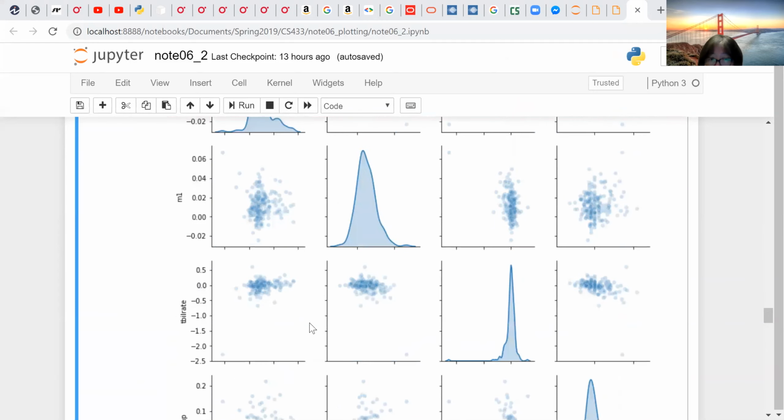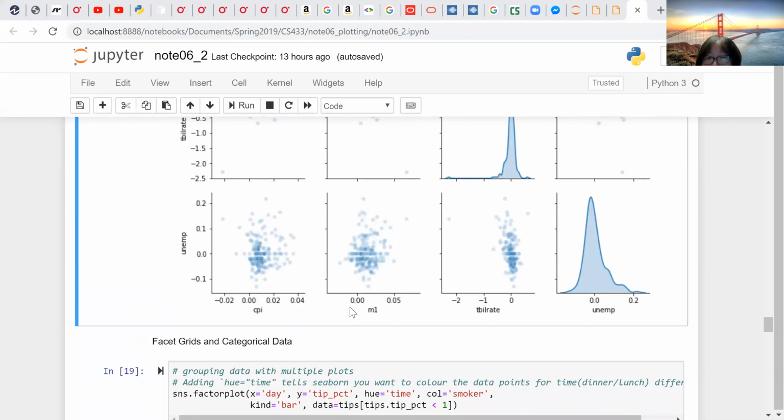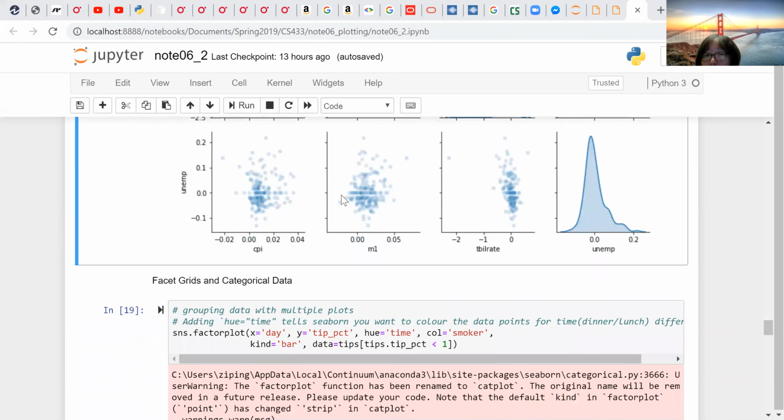From the plot, if you pick this specific one, it shows M1 versus the unemployment. And in this whole row, the y-axis is unemployment, but the x-axis is changing. It's CPI or M1 or unemployment.